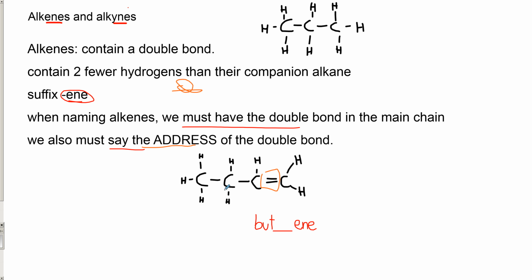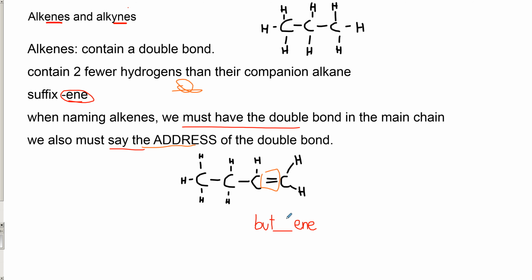I can count 1, 2, 3, and as soon as I hit a carbon that has the double bond on it, that's the number I use. So if I'm counting from left to right, 1, 2, 3, then I hit my double bond, and I might be tempted to call this bute 3-ene. But it for sure is not bute 3-ene.